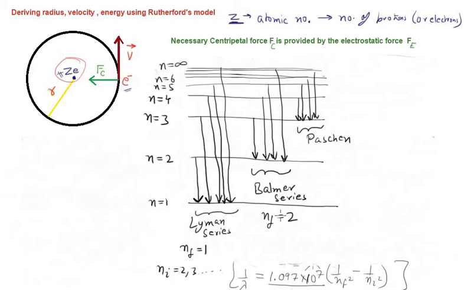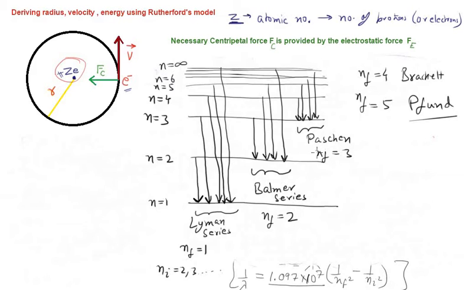So Lyman, Balmer, Paschen is nf equal to 3, and if nf equal to 4 we call it Brackett series, and if nf equal to 5 we call it Pfund series. P is silent here. Pfund series.